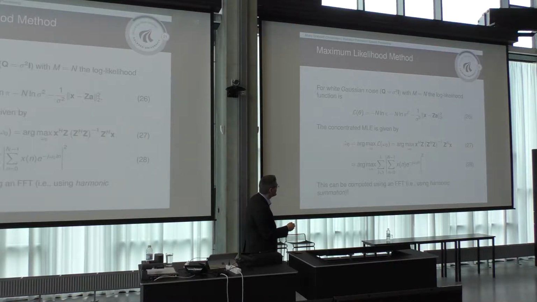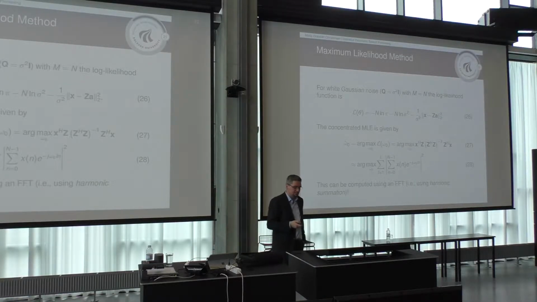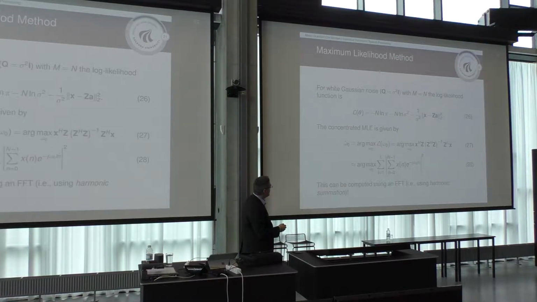And then if you use some asymptotic approximation on this inner product between the matrices, namely the asymptotic orthogonality of complex exponential functions, you end up with a really simple expression down here which says that you should maximize over the fundamental frequency this quantity, which is added up over L. And what is this?